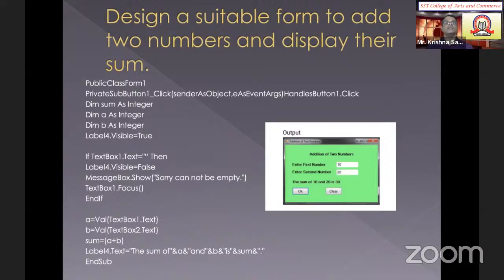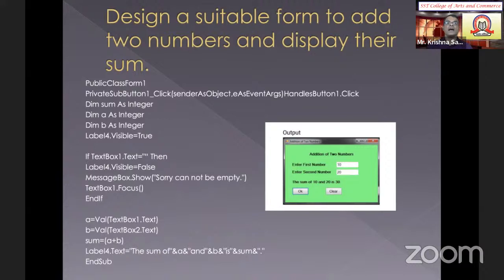So I created three variables: Dim sum As Integer, Dim a As Integer, and Dim b As Integer. Sum stores the total, a stores whatever I write in text box 1, and b stores whatever I write in text box 2.